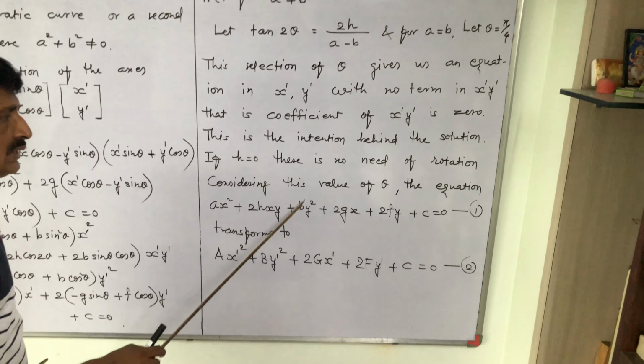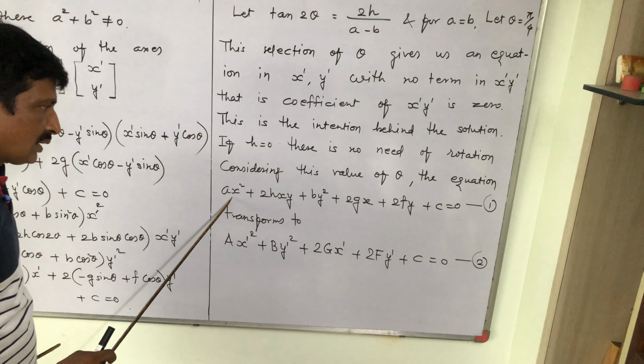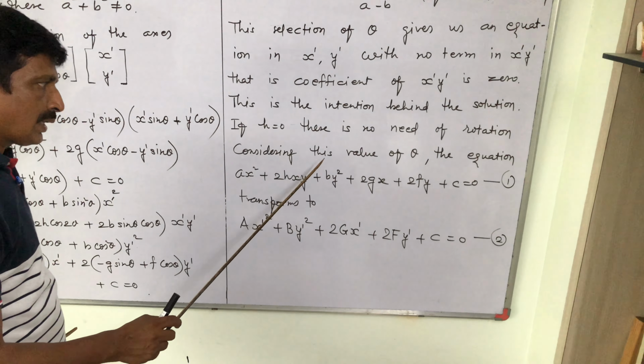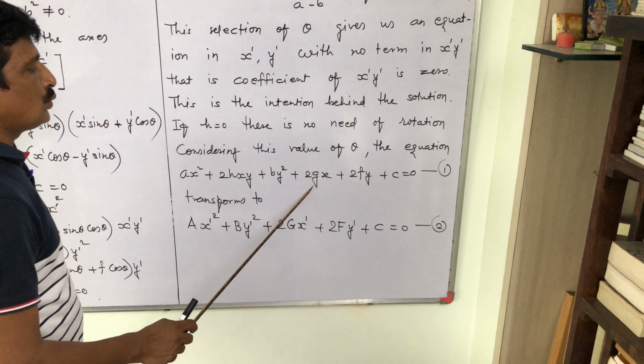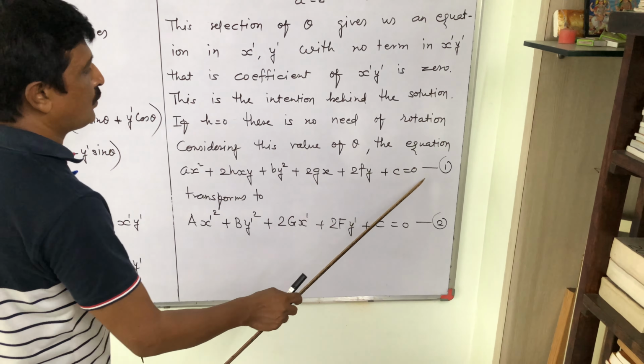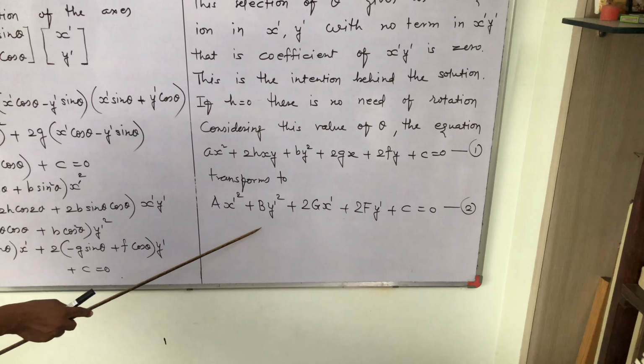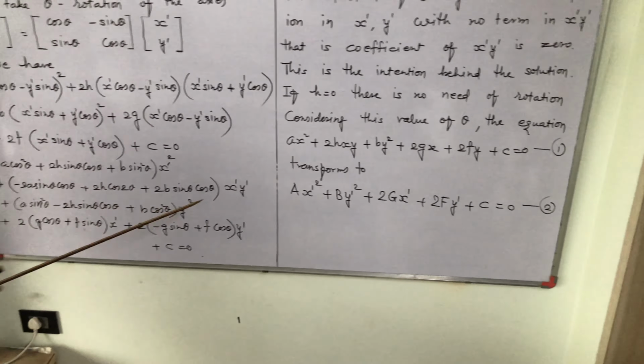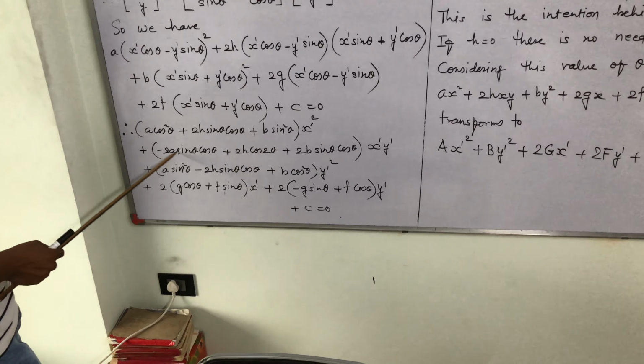So considering this value of theta, the equation ax² + 2hxy + by² + 2gx + 2fy + c = 0 transforms to this. See here, this term we have made 0.